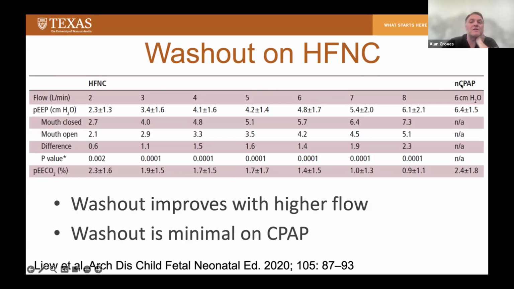In contrast, CPAP doesn't seem to give even as much washout as the level that we're getting on a high flow of 2. So the more high flow you give, the more washout of your dead space. And CPAP, not much washout at all.